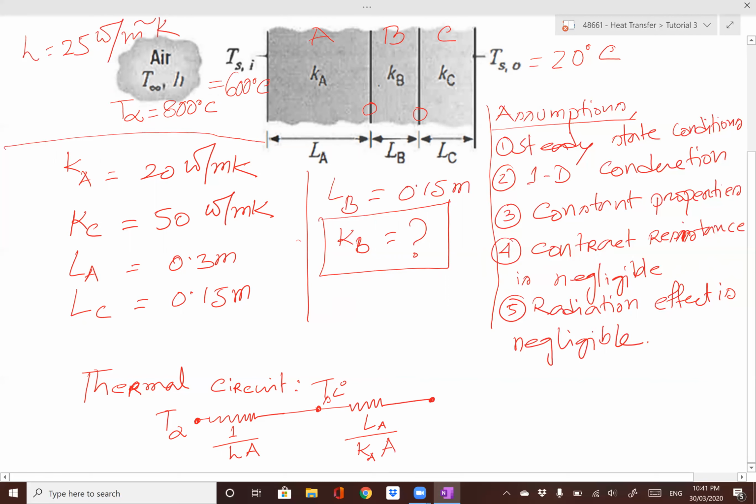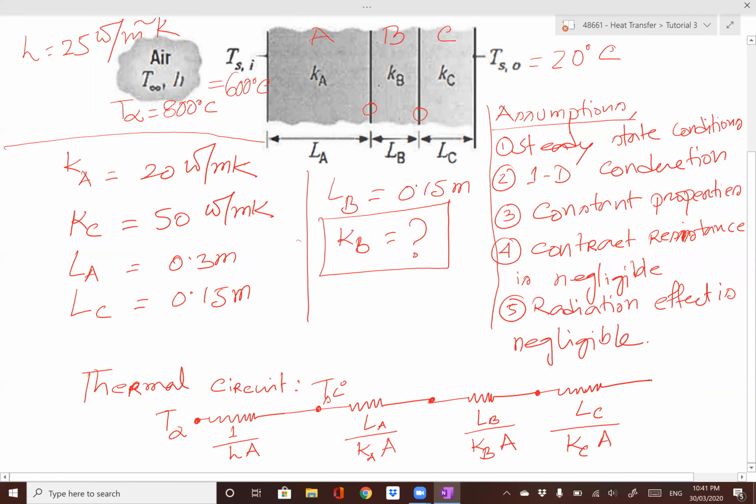Then the thermal resistance for material B is length of B over thermal conductivity of B and the cross-section area. Then material C thermal resistance is length of C over thermal conductivity of C and area.